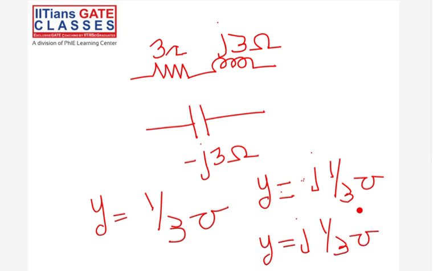So basically, if the admittance is positive j, it represents a capacitor, and if the admittance is negative j, then it is an inductor. Sometimes in questions, they will not say if it is the reactance or the admittance, but they will give you the network diagram and mark plus j3 or minus j3. So based on the sign, you should be able to identify what that is, right?